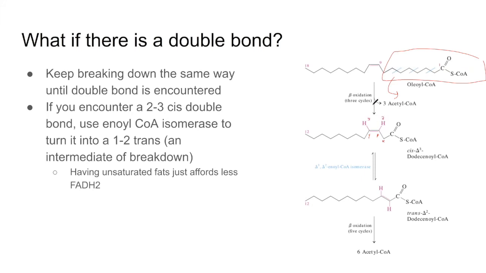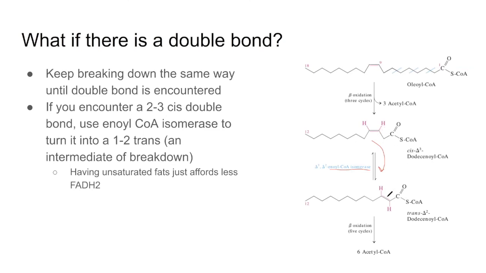So once you have the double bond lined up in 2 and 3, what we're going to do is isomerize it into a trans double bond. That's done by what's called enoyl-CoA isomerase. The mechanism for this is not super important, but basically what they're doing is converting it from a cis double bond to a trans double bond.